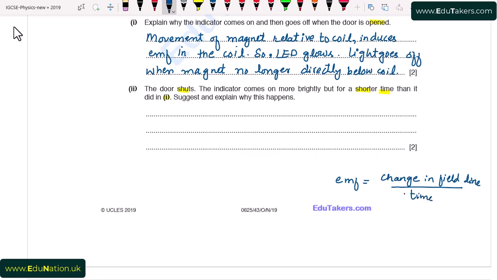So when the time is shorter, meaning that time is smaller, then the EMF would be larger. So the induced EMF would be larger. As a result, there will be a large current passing through the indicator and it glows brighter. So I write here, door closes more quickly than it was opened.